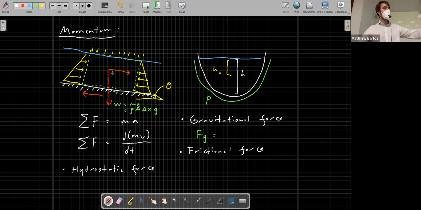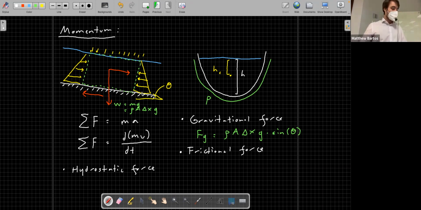The gravitational force in the longitudinal direction is equal to the density times the cross-sectional area times delta x times g times sine of theta, where theta is the angle of the channel bottom.